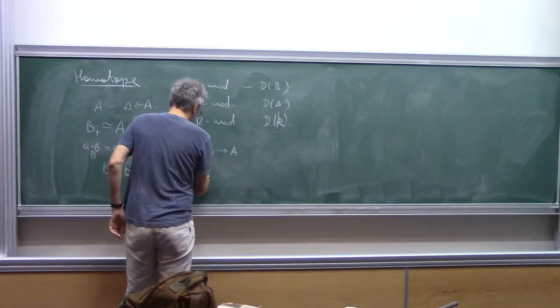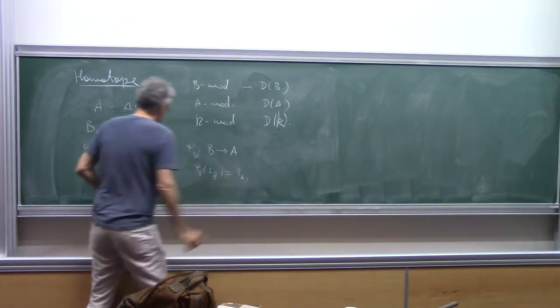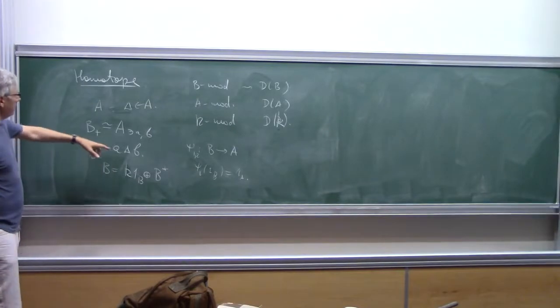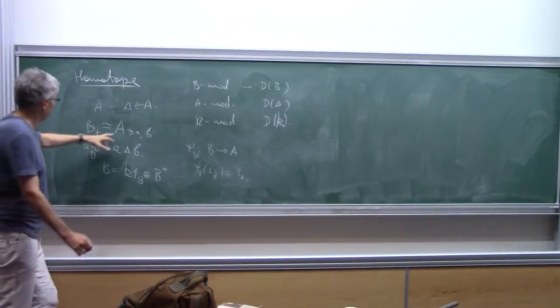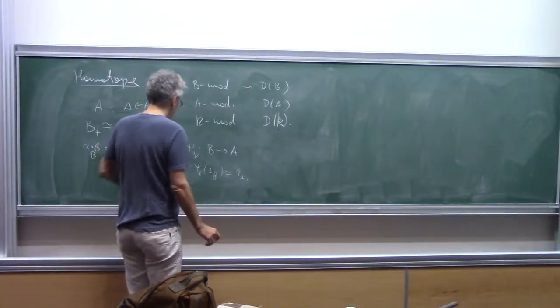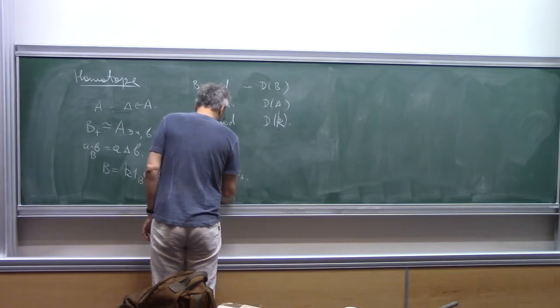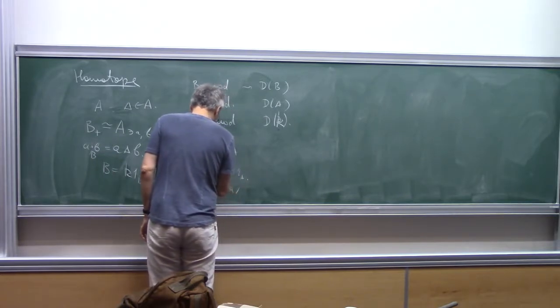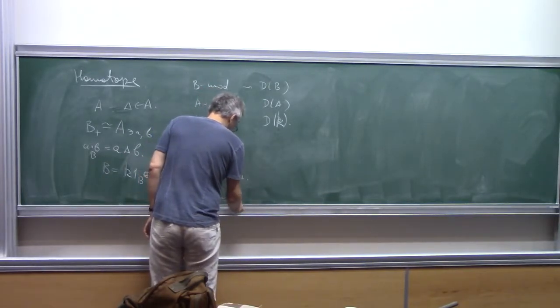So psi i of 1_B is just 1_A. To define this homomorphism, we need to just define it on this two-sided ideal B plus, which is a vector space. It's just A, and we define psi i of a as a. So psi 1 of a is a delta, and psi 2 of a is delta a.